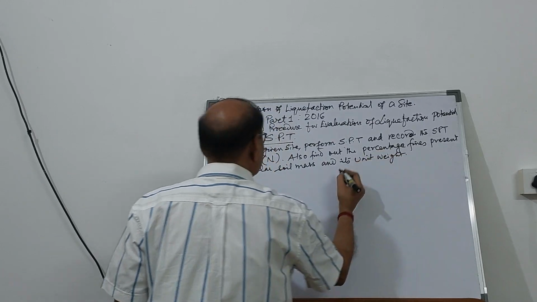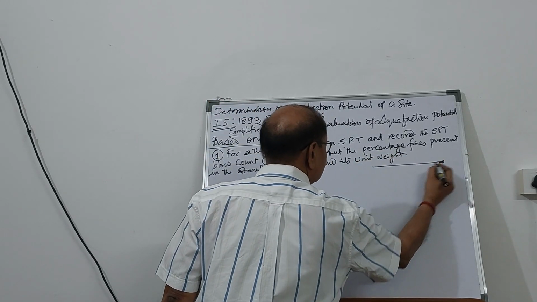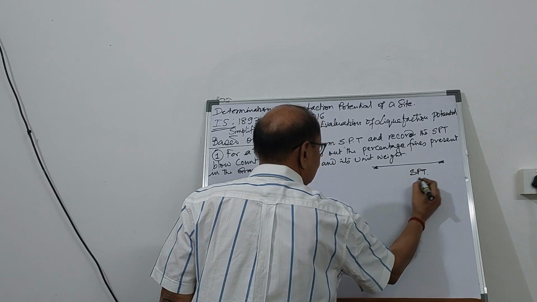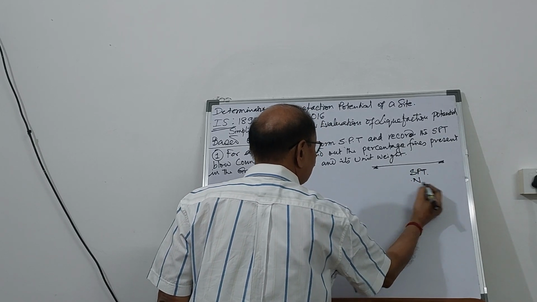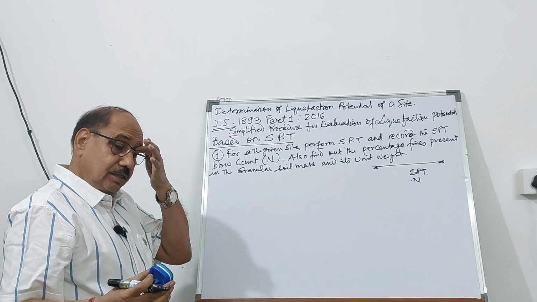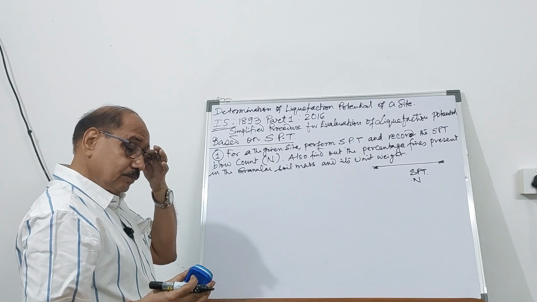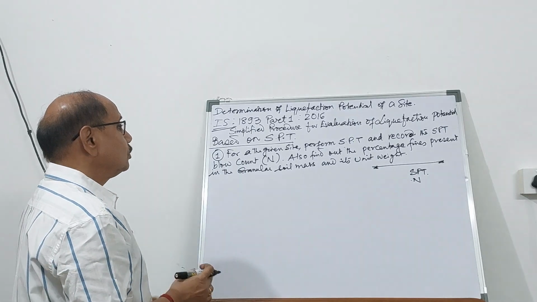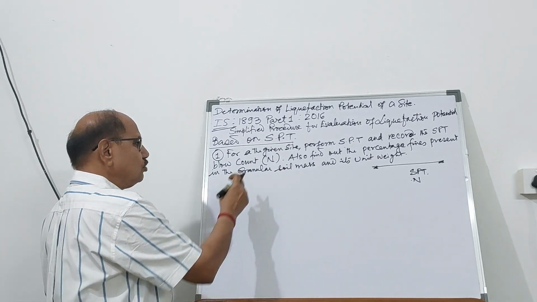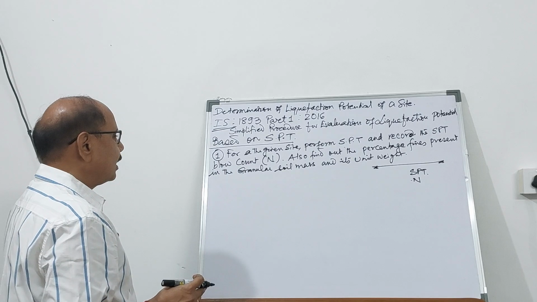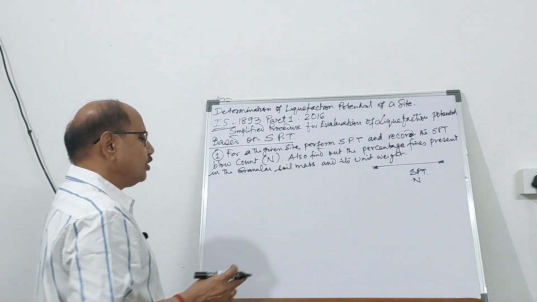So first thing is we have to go to the site and perform SPT and find out the number of blows required for 30 centimeter of penetration. That is called blow count. So record the SPT blow count and find out the percentage of fines and also the unit weight.